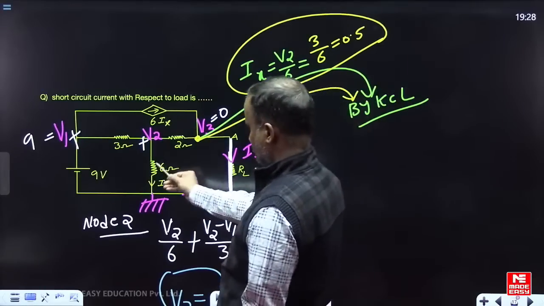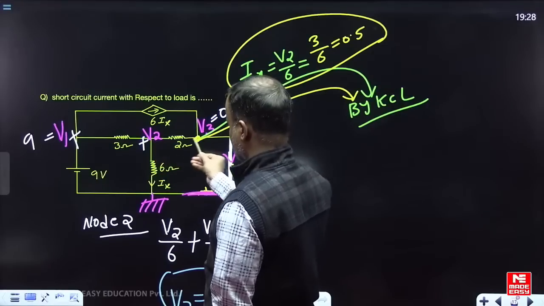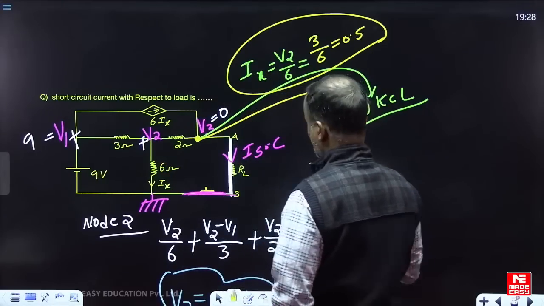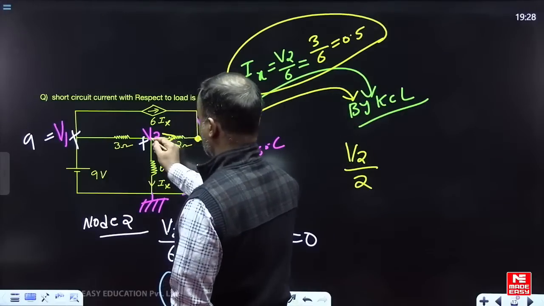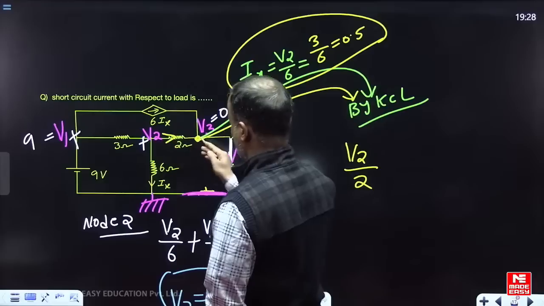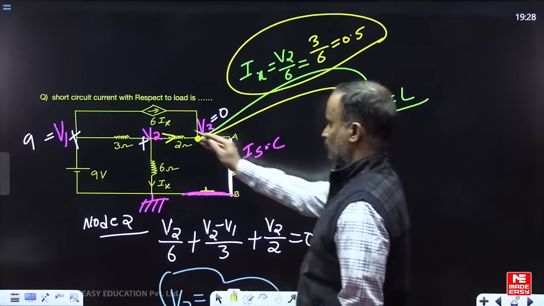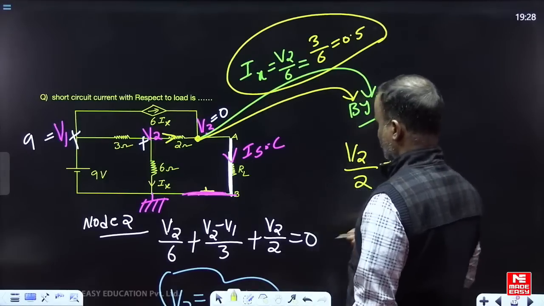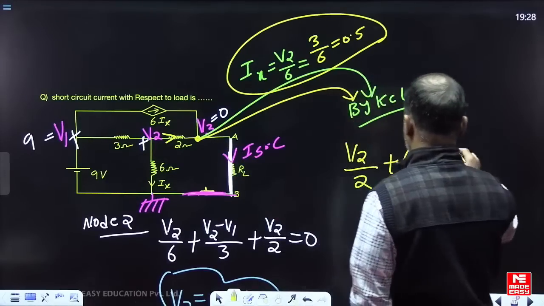Now look carefully. For this example, the current of this branch is V2 by 2, incoming current, because current goes from the higher potential to lower potential. 6IX is also an incoming current. But ISC is an outgoing current.